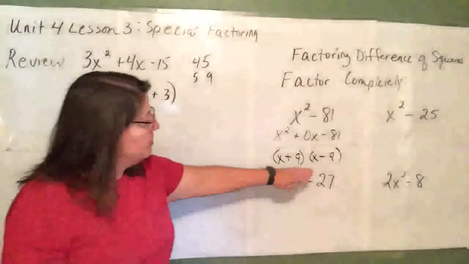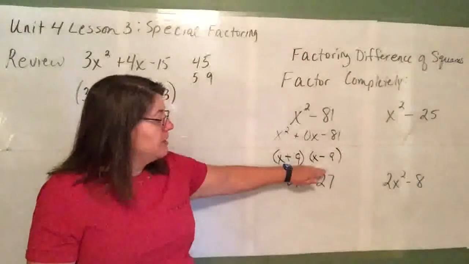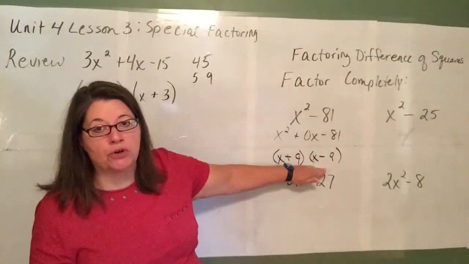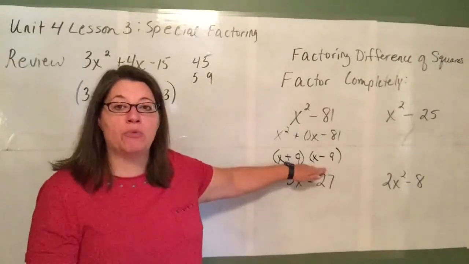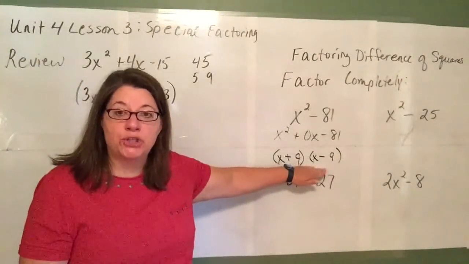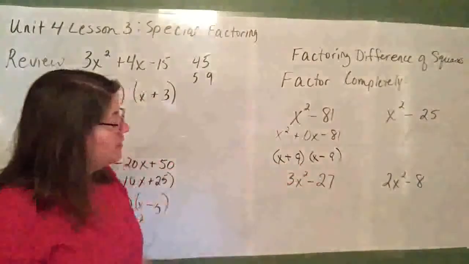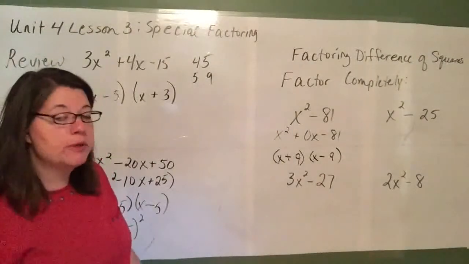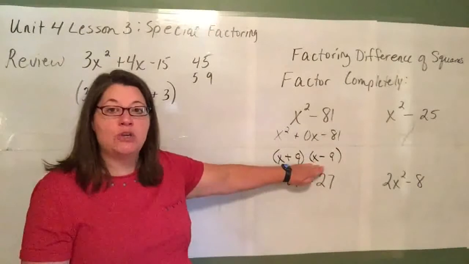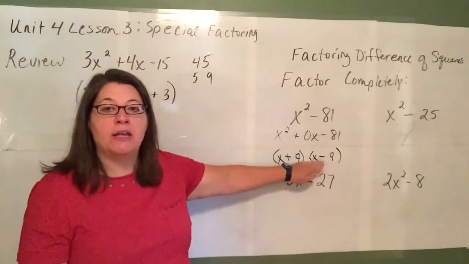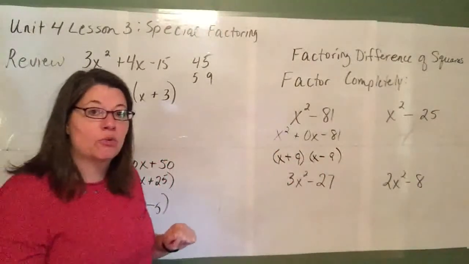If you multiply those two things together, here's a vocabulary word we're going to learn later: conjugates. These two things are conjugates. And what happens with conjugates is the middle term drops out when you multiply those two binomials together. You can do that real quick if you'd like. Do FOIL, and you can see that the middle terms are going to drop out. That will always happen in difference of squares.